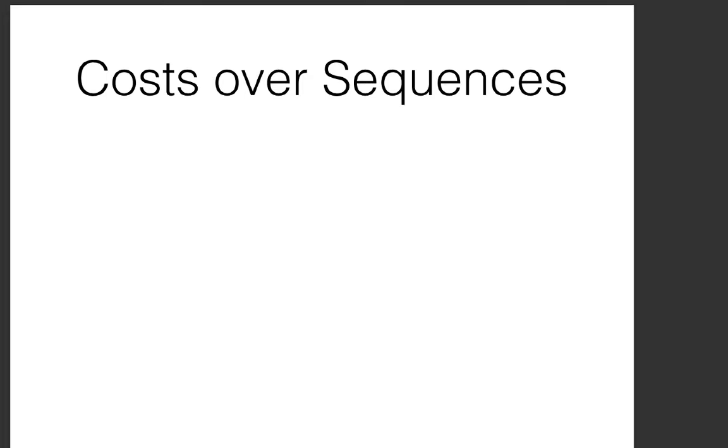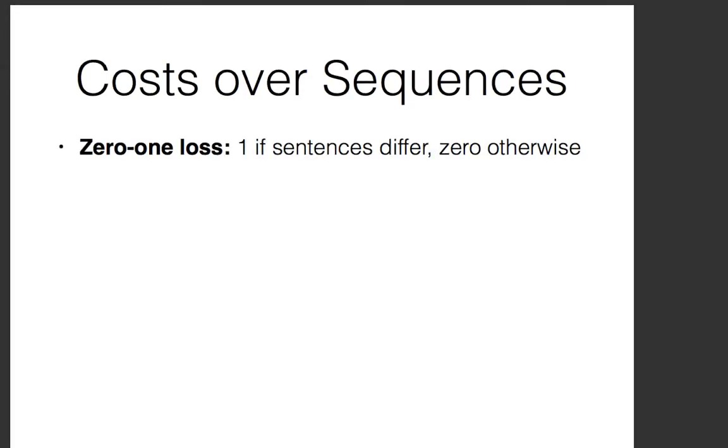So maybe this is not related to structured prediction at all, but when you want to apply this to structured prediction, you can define a cost over sequences. And one cost over sequences is your 0-1 loss.